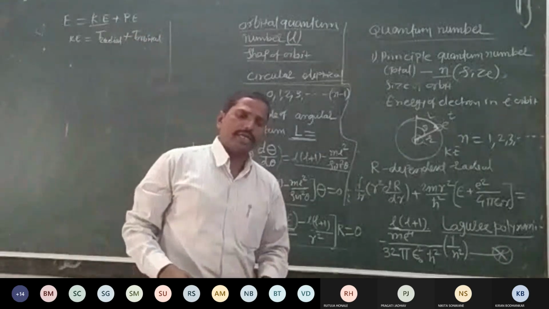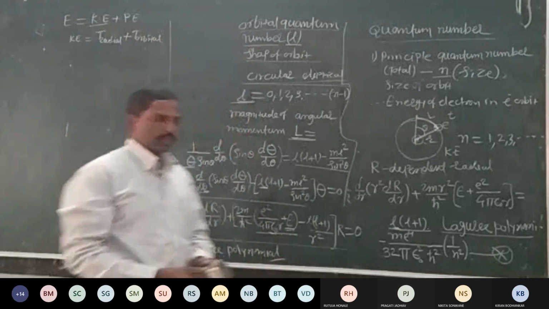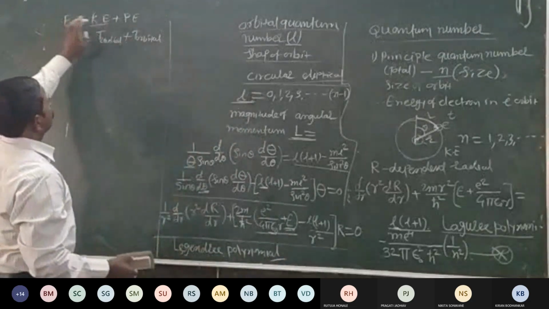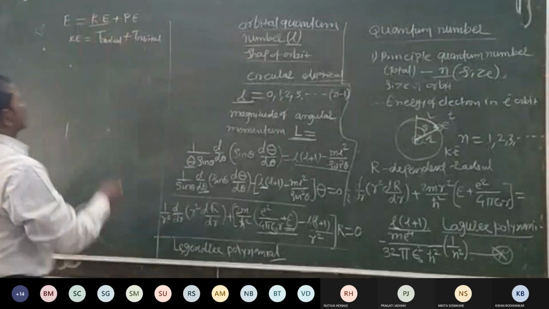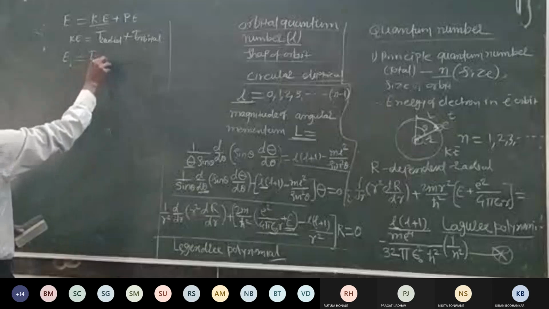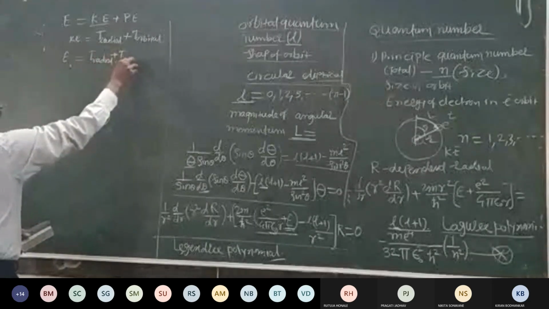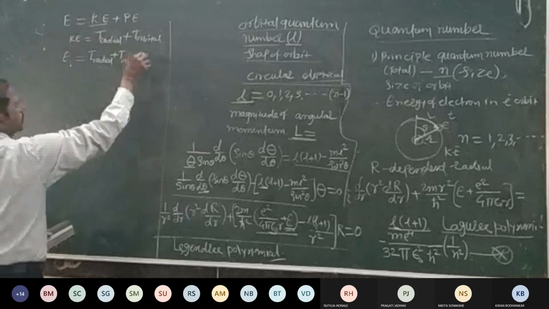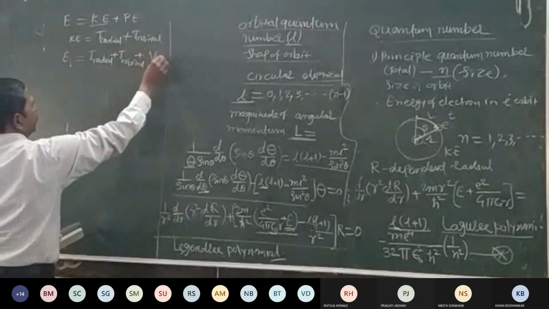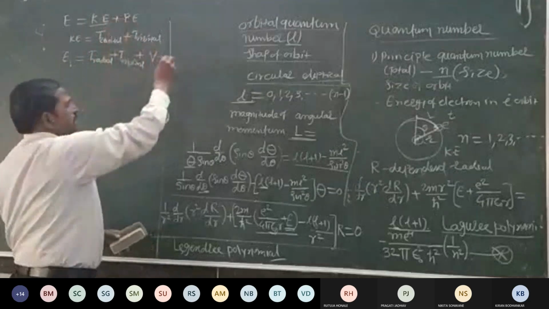The total energy is equal to kinetic energy plus potential energy. So this total energy E can be written as T radial plus T orbital plus V.